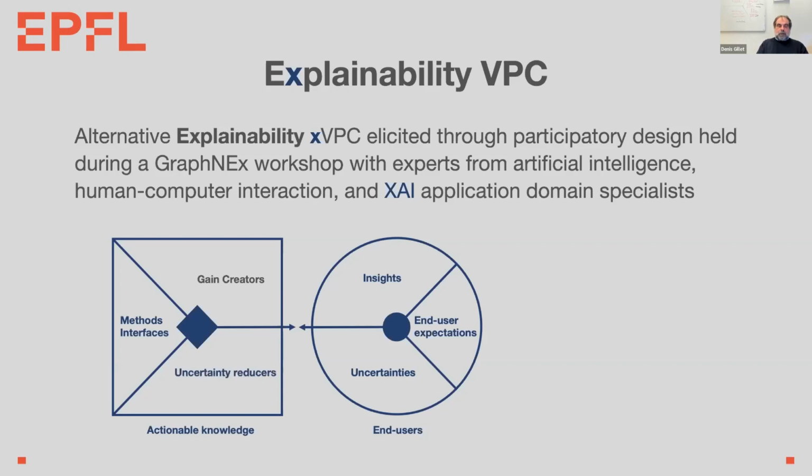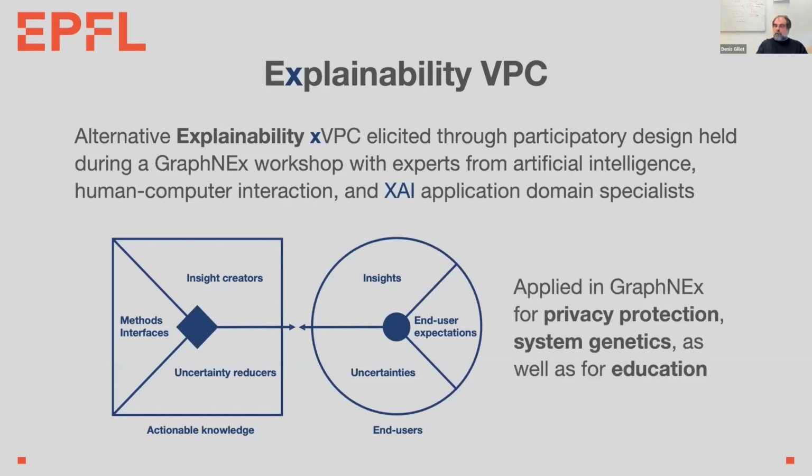Pain relievers are becoming uncertainty reducers, and gain creators are becoming insight creators. So when you design a solution for explainability, we think that using this canvas as a framework to design the solution is a good way to do it.